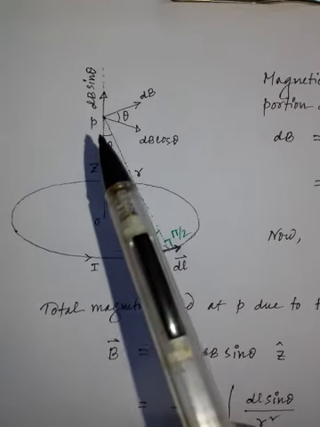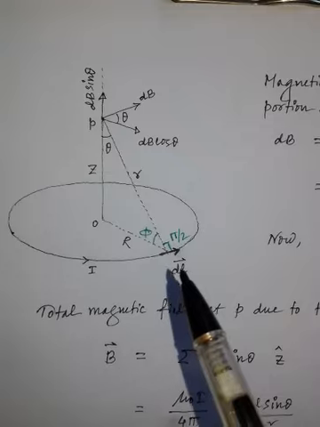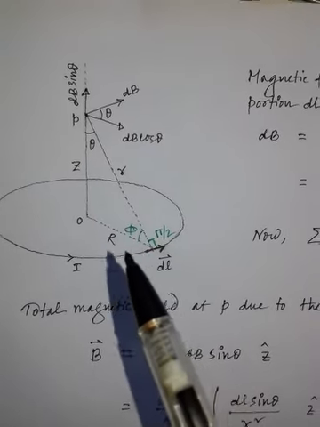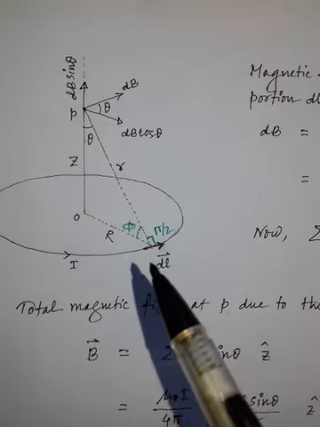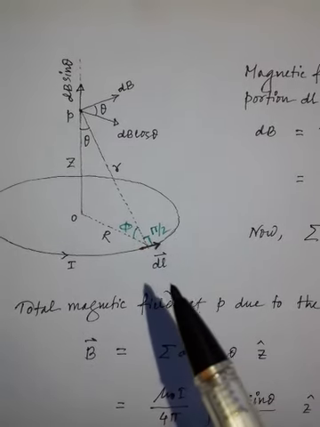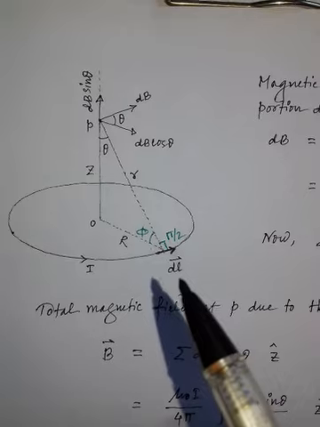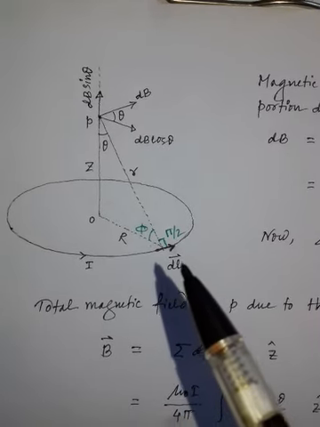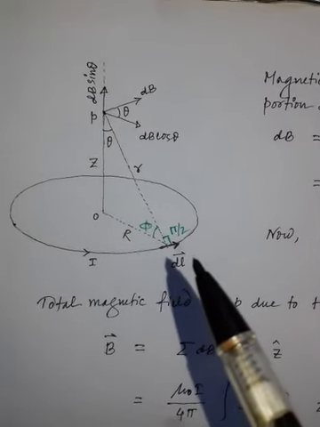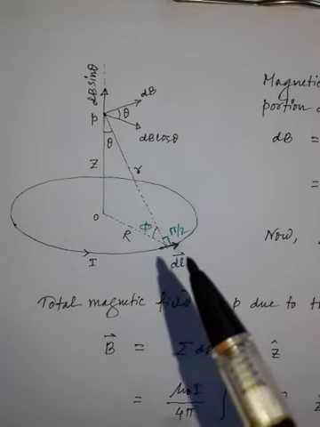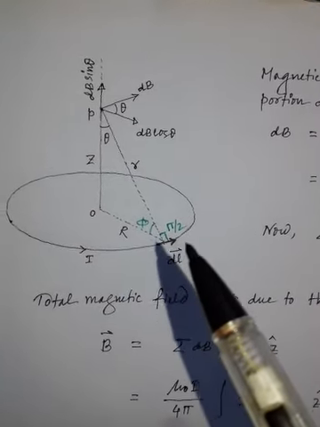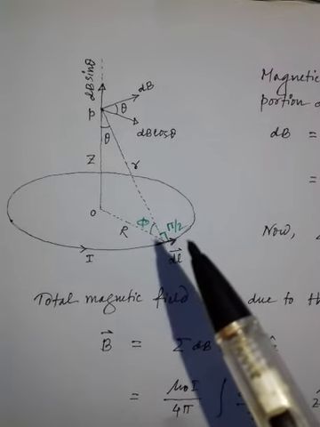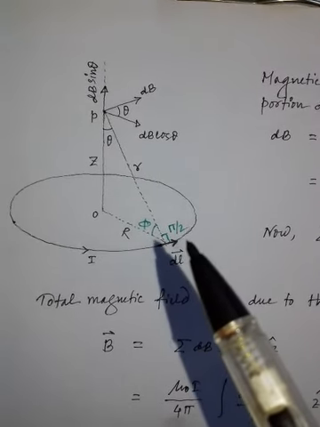The position vector of the axial point P with respect to dl is r, and this position vector r makes an angle pi by 2 with dl. So, in the Biot-Savart expression, where we have a term sine of the angle between r and dl, here the term takes the form sine pi by 2.